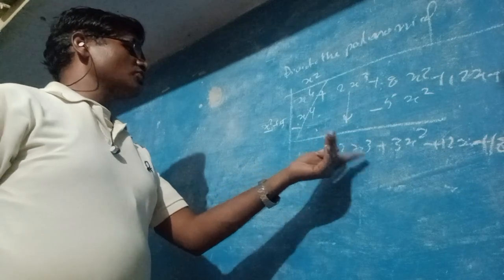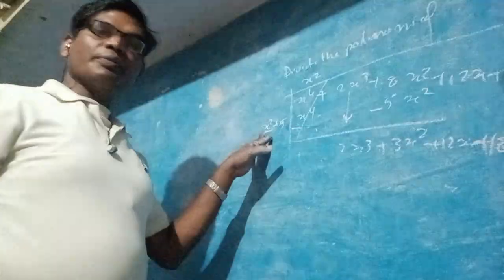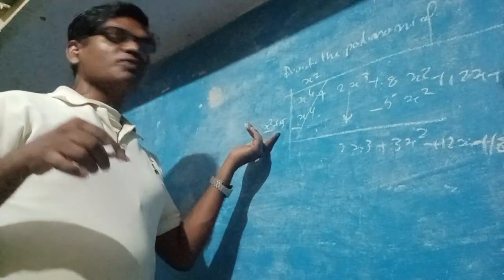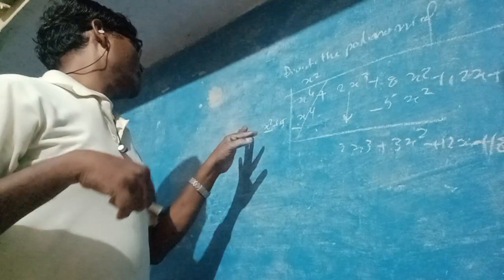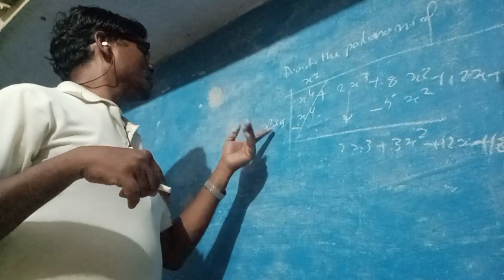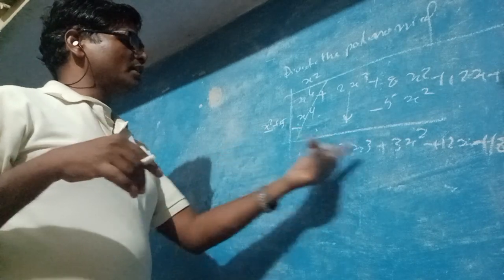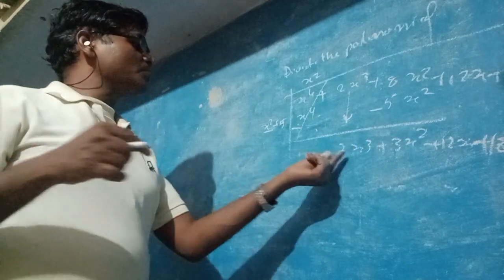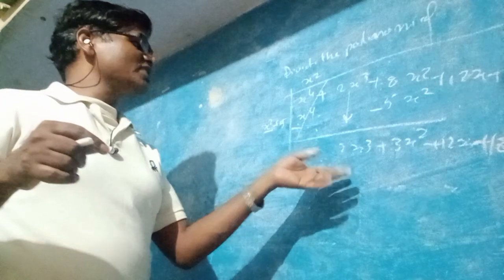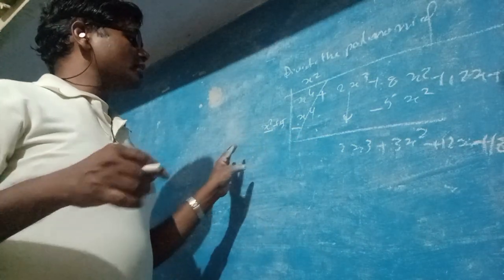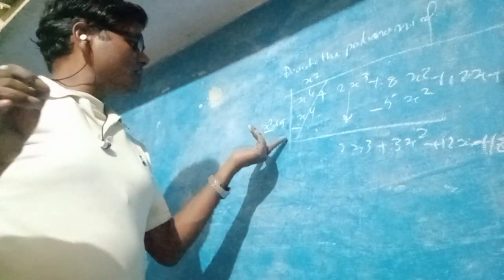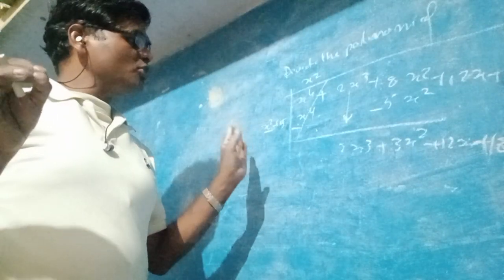Here is 2x cube, and we will consider which variable is required to multiply with x square to get x cube. We have to cancel out both terms, so it is easy to subtract it one by one.